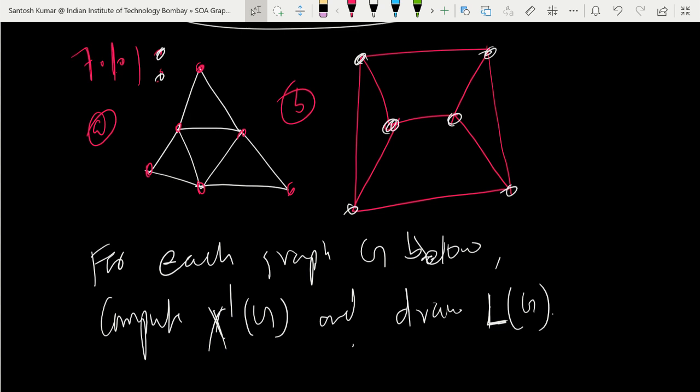The chi dash of G for A is 4 and for B is 3. OK, 4 and B is 3. So why 4 for A, it cannot be otherwise. Color 1, so color 1 you can give here.